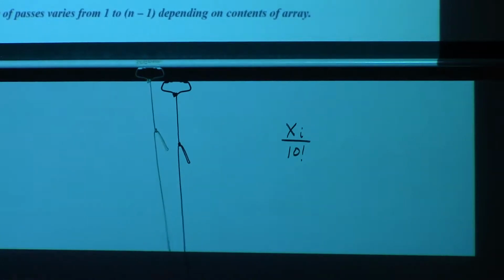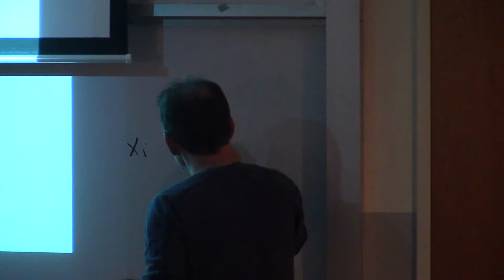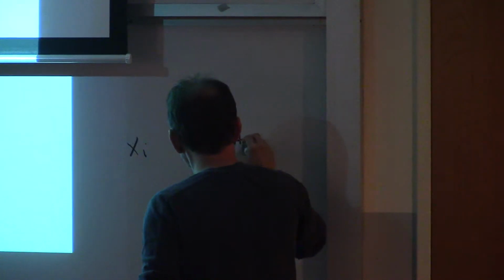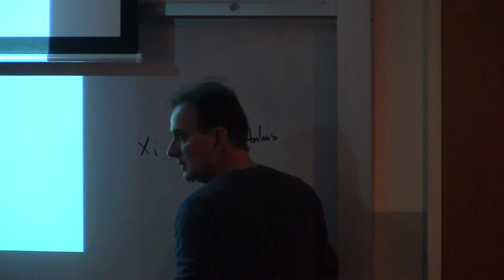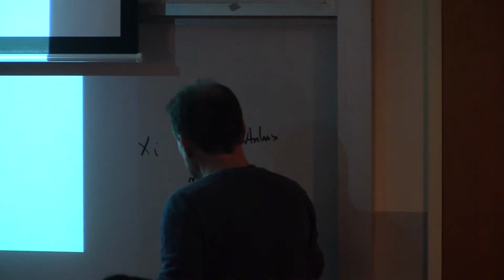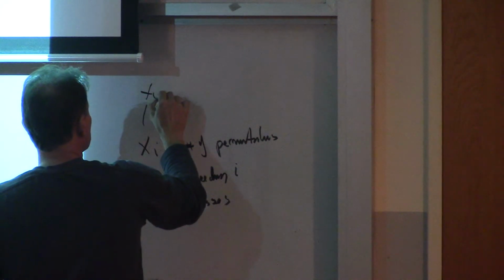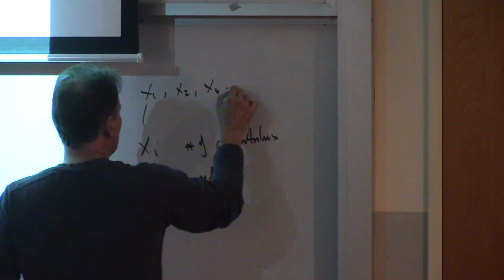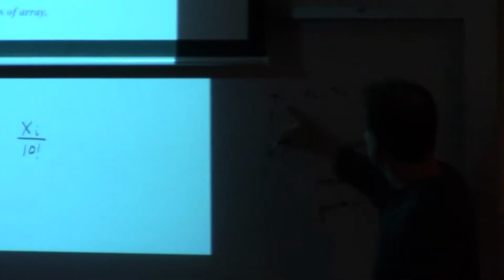And remember what x sub i represents? x sub i represents the number of permutations, or orders, needing i passes. So x of i is comprised of x1, x2, x3, all the way to x9. So this is the probability of needing i passes, where i has to be in the range of 1 to 9.